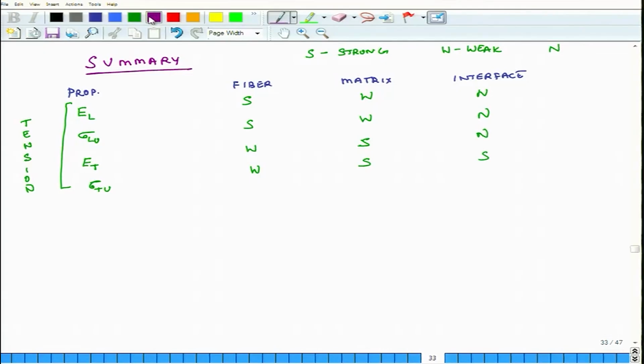Next, we look at compression related properties. So, EL prime, sigma LU prime, ET prime and sigma TU prime. So, all these are compression related properties. So, once again in compression, strong role of fiber, weak role of matrix, negligible role of interface.